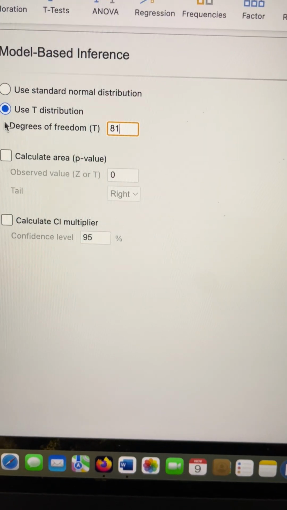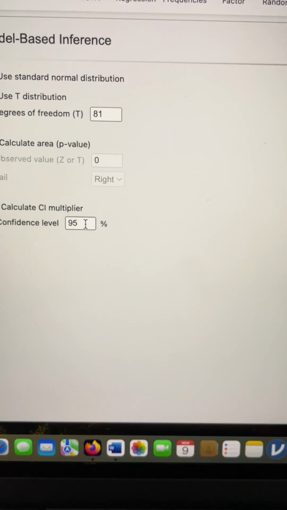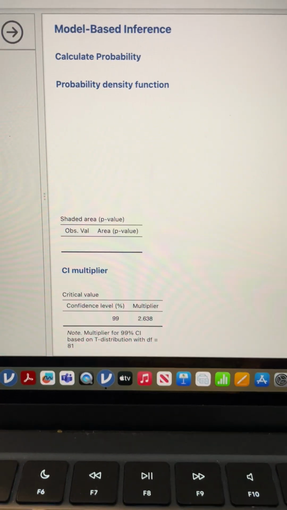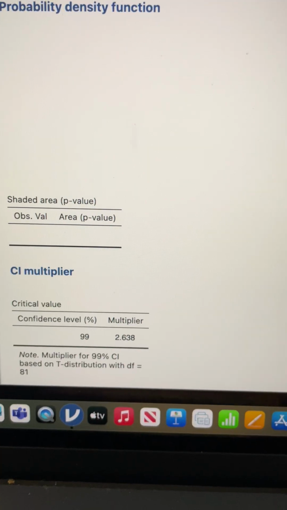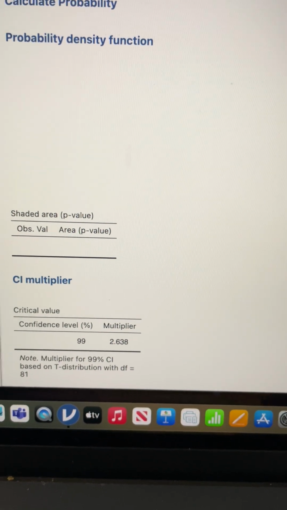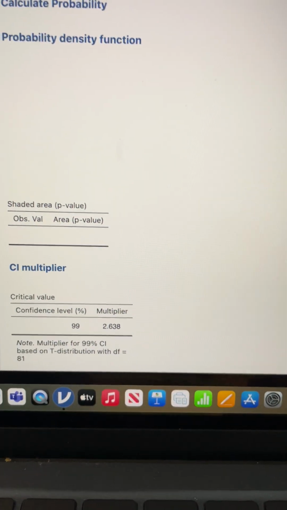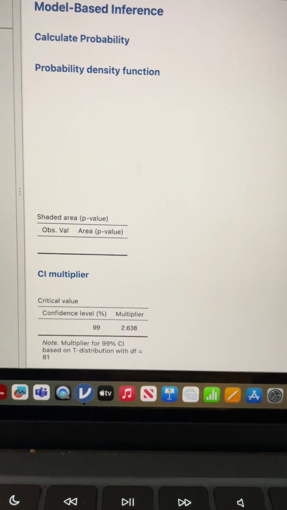And we are going to calculate the multiplier, but we are dealing with the 99% confidence interval. And we scroll over here and we're going to see our 2.63, and they rounded up to 8. The reason that I showed the calculator is because this specific problem seems to be really finicky with the number of decimal places that we have.